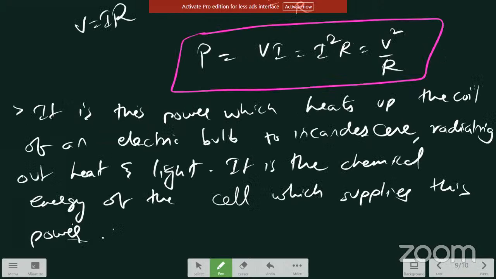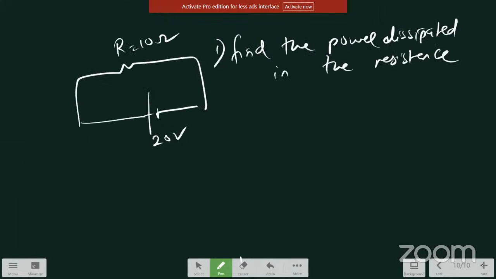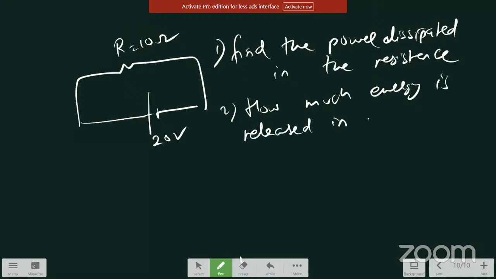This is a bulb. The second question is: how much energy is released by the resistance in 2 minutes?